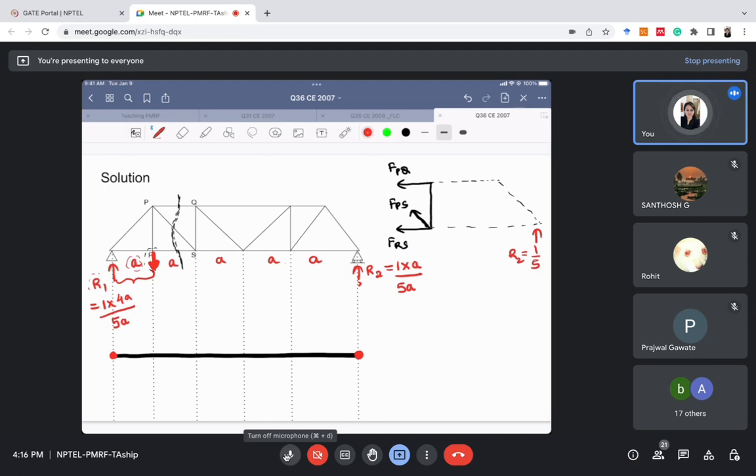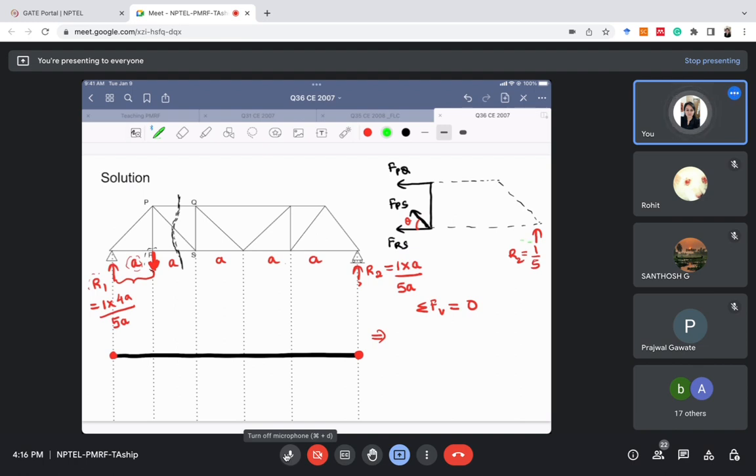Then we will use a simple equilibrium equation: summation of forces in the vertical direction equal to 0. Let's see what all the forces in the vertical direction are. Please correct me if I'm wrong.